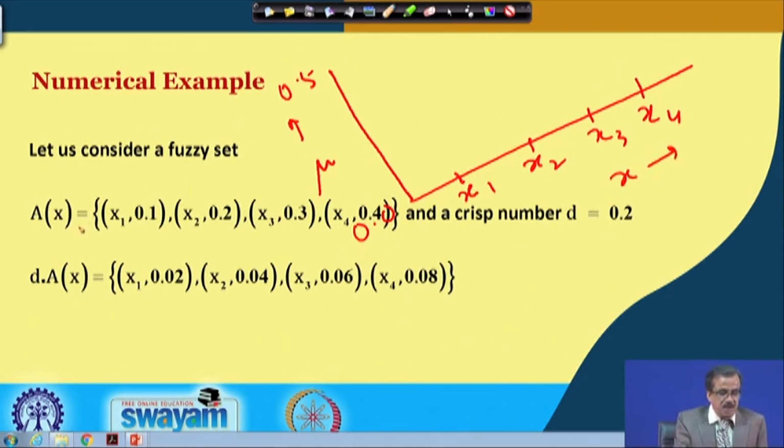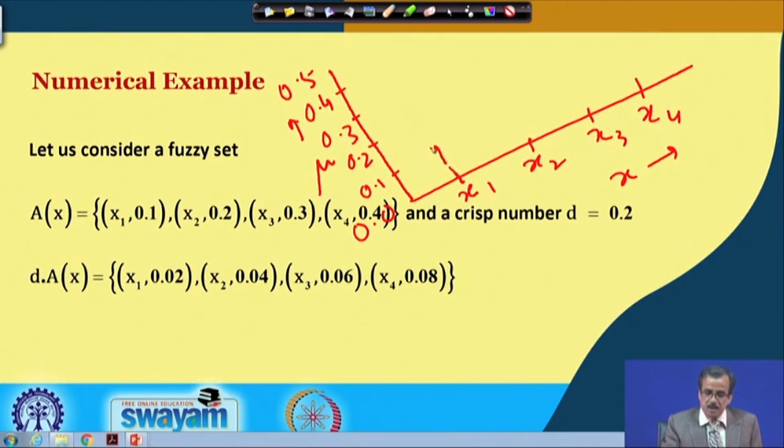Now, if I consider the original fuzzy set A(x), corresponding to x1 I have 0.1, x2 has 0.2, x3 has 0.3 and x4 has 0.4. So, corresponding to x1 I have 0.1, so I am here. Then corresponding to x2 I have 0.2, so I am here.